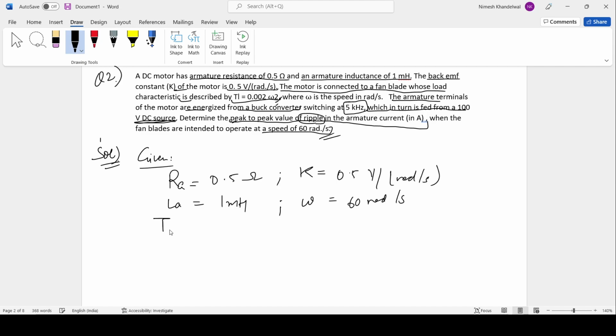And your load torque characteristic is 0.002 omega squared. This is similar to the last problem that we just did. And we know that this turns out to be 7.2 Newton meter. Cool, no problem till here.